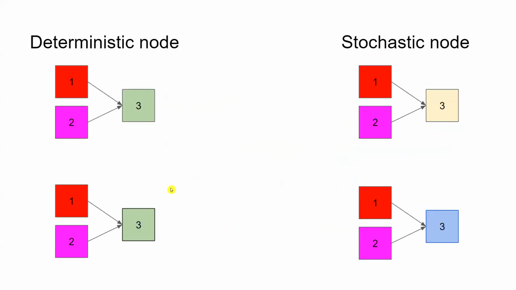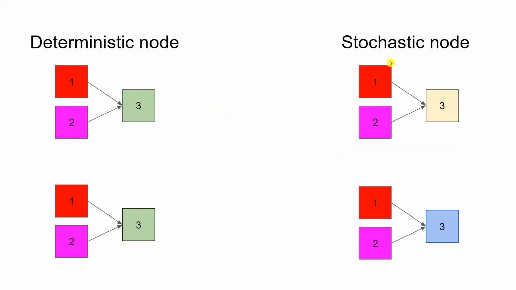What I mean by a deterministic node is that if you have the same input, first neuron, second neuron, the same set of weights, the same set of biases, you just get the same output. This is the first run, you get the same output. The second run, you have the same input, the same weight, the same bias, you should also get the same output. That's deterministic.